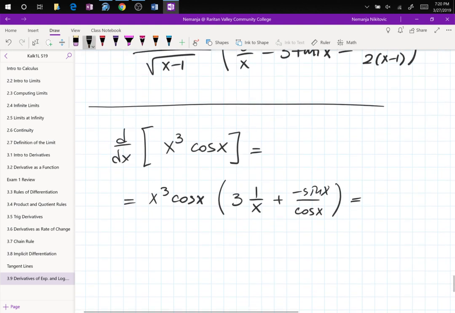You will multiply this in the parenthesis, because this is an easy problem. You multiply this inside the parenthesis, and you get what? 3x squared cosine x minus, and when you multiply this, cosines cancel, x cubed sine x. There's your product rule.